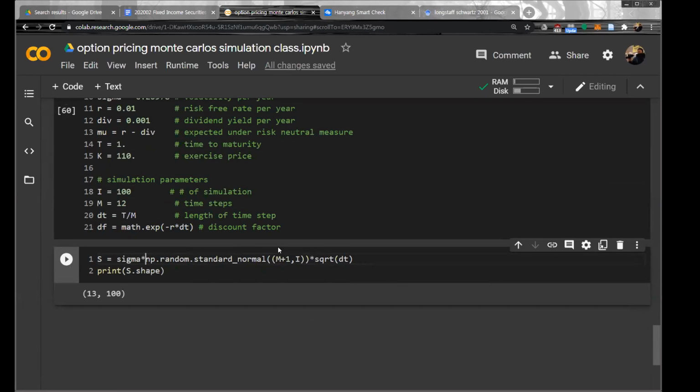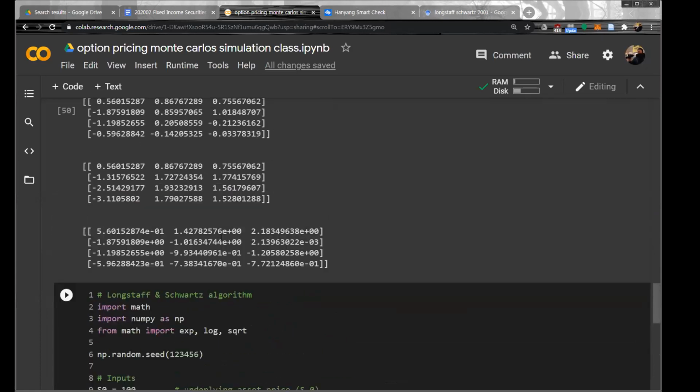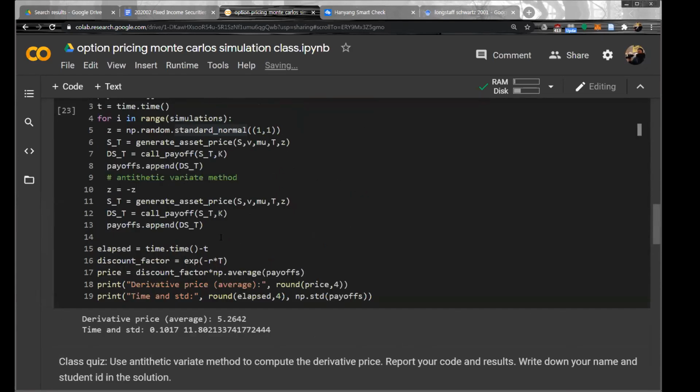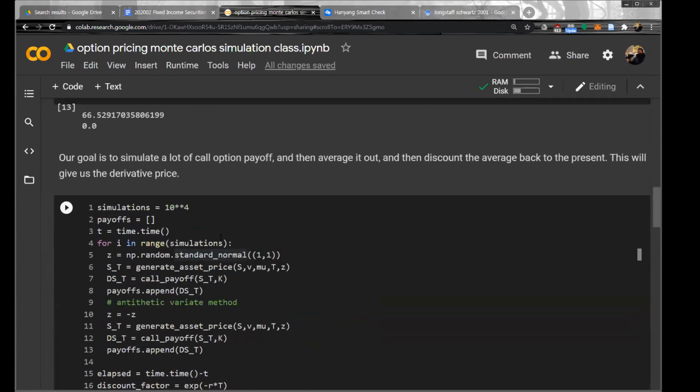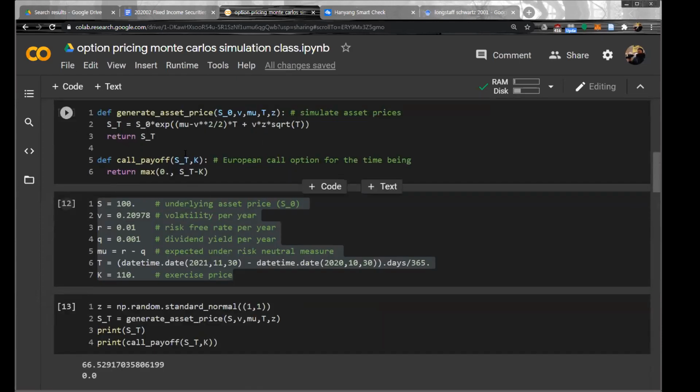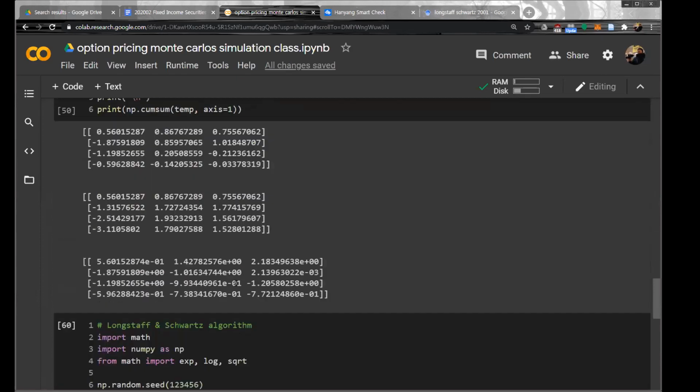And then I have to add what? I have to add the drift term. So basically I'm doing this operation over here. Where is it? Yeah, basically this one.